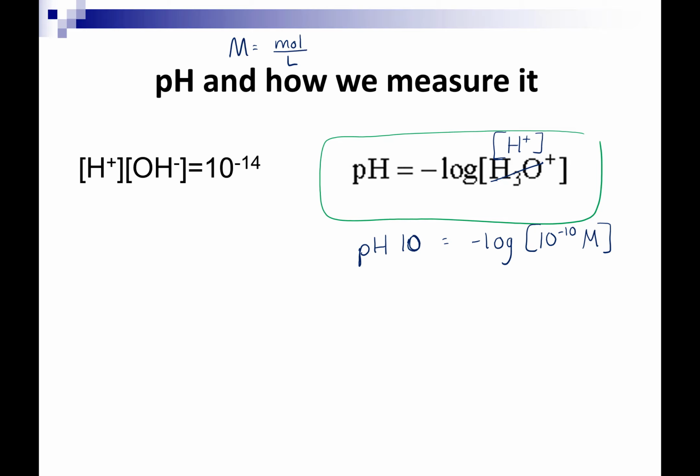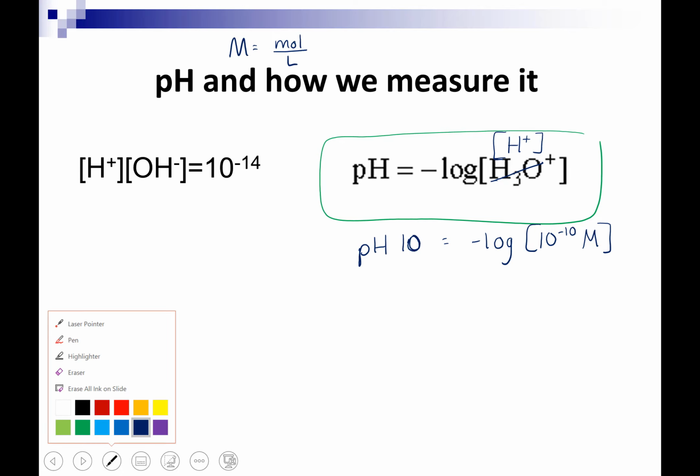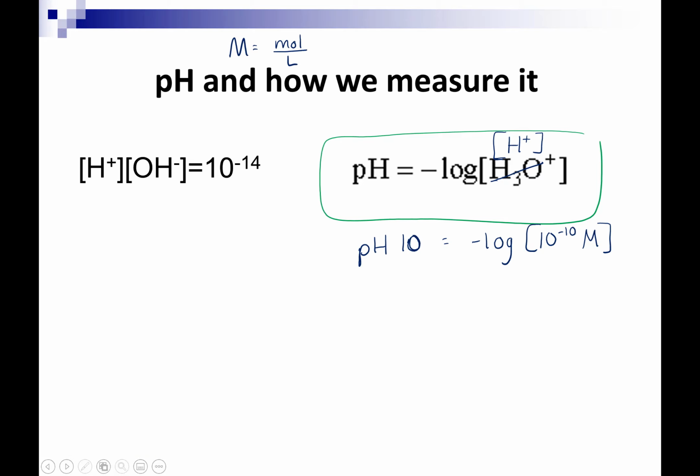It's a way we calculate a concentration, so don't get bogged down in that. You'll work with that in chemistry. Let me give you another example. A pH of 2 is the negative log of 10 to the minus 2 molar hydrogen concentration.